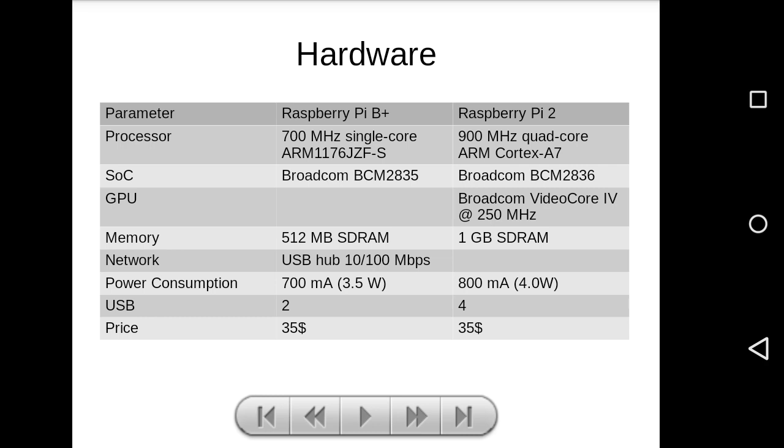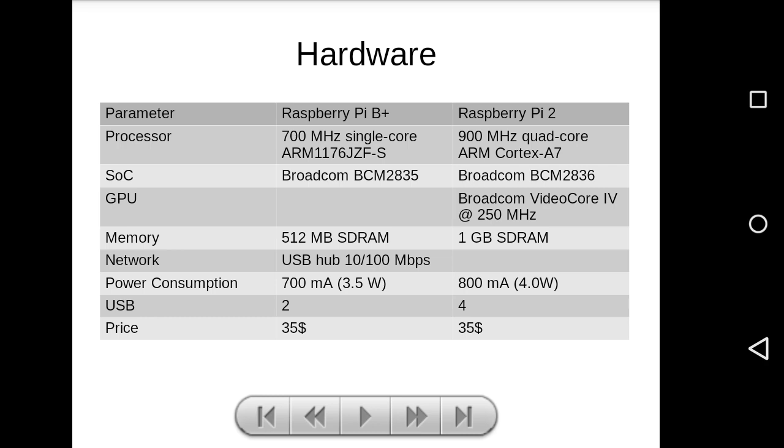We can say that the memory was 512 MB RAM, but now it is increased to 1 GB. So we can give extra memory to the GPU for graphics intensive applications. Playing a video at 1080p, you need to have some RAM there, and processing is also there.